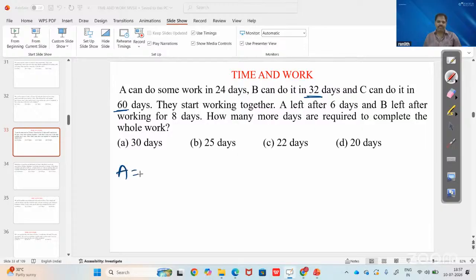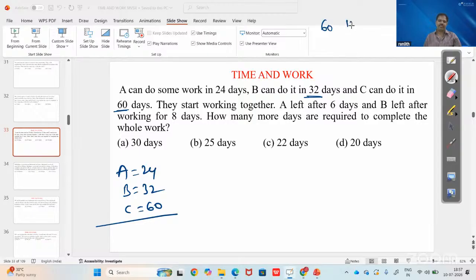Where A equal to 24, B equal to 32, C equal to 60. What is the LCM of 24, 32, 60? The highest number is 60.